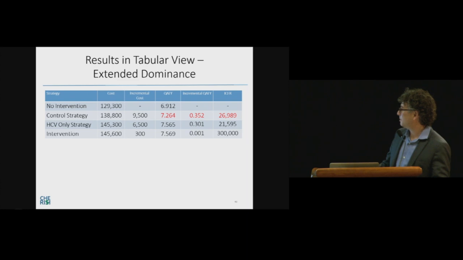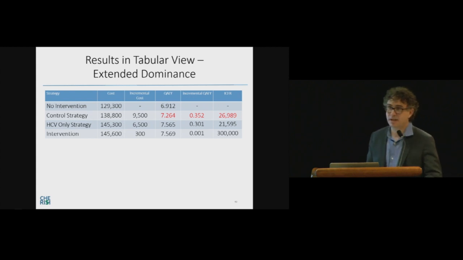And then we see this incremental cost effectiveness ratio is higher than this one, which is sort of hard to wrap your head around, because why would I want to spend $26,989 per QALY gained and get an incremental 0.352 QALYs, when instead I could spend $21,595 per QALY gained and, relative to this strategy, gain even more?